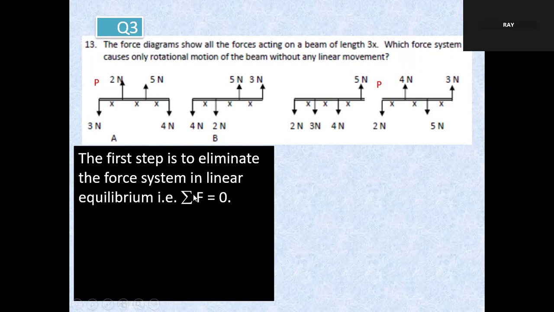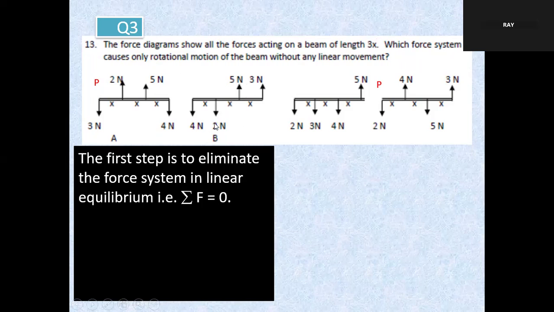The sum of forces upward equals the sum of forces downward. You want which force system causes only rotation. You don't want linear movement. So this one has no linear movement.